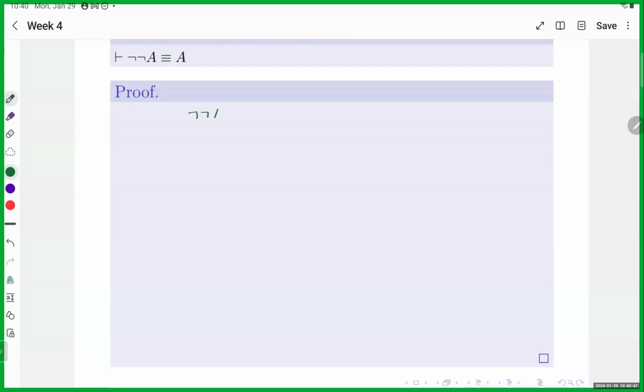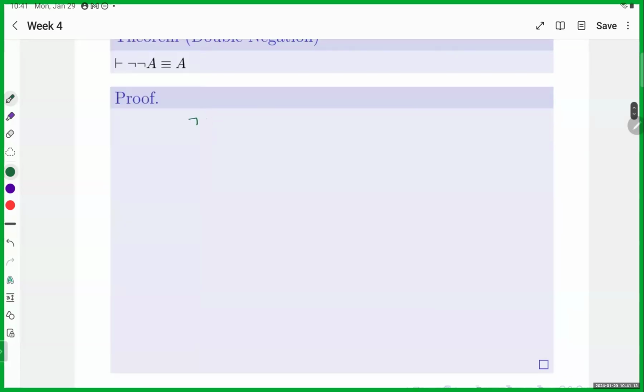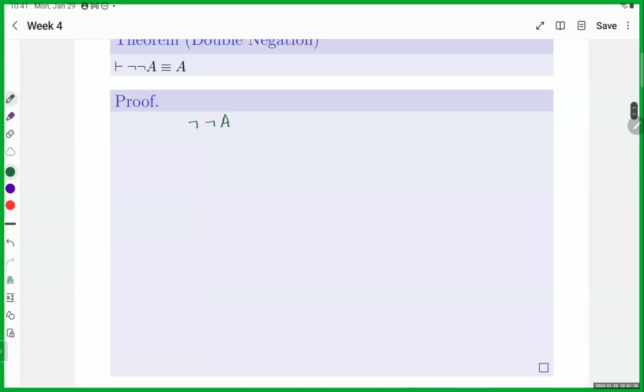Negation of negation of A. Now I want to write a series of equivalences and end up with A. So when negation is involved, that means perhaps it's a good idea to start with the axiom of introduction of negation. So I'm going to think of this. Let me write this a little bit larger.